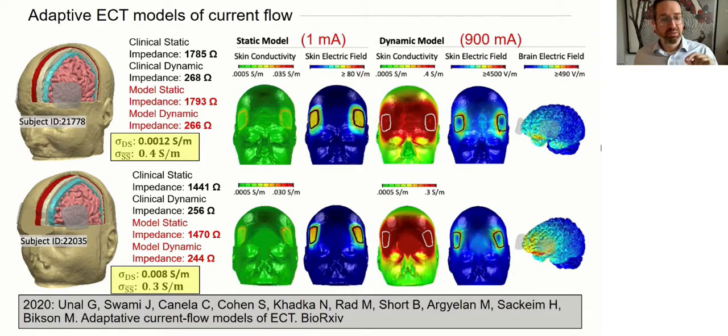The model predicts that people have different deep skin properties and different superficial skin properties in order for the model to match the predicted static and dynamic impedance with the clinical dynamic impedance. And there you see the resulting predicted skin electric fields and skin current flows. And you can see that in this case, the subject's maximum skin conductivity went up to 0.3 Siemens per meter, because that's as conductive as their skin could get.